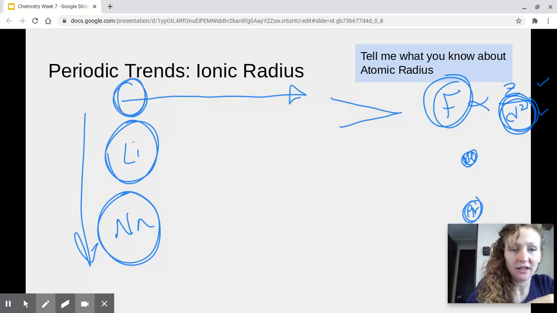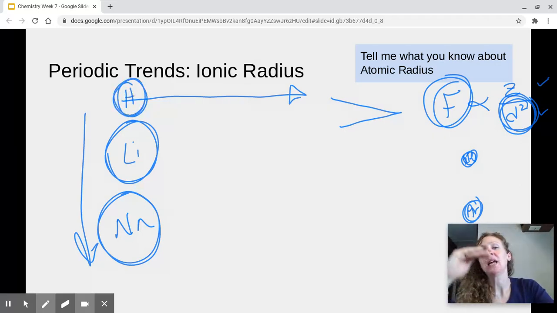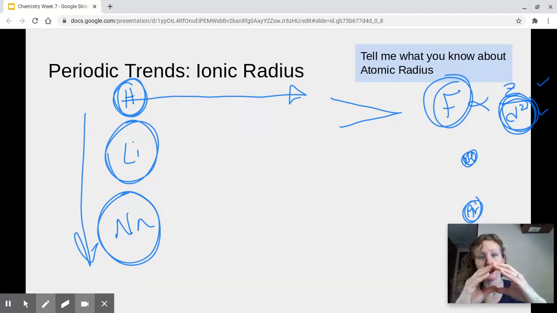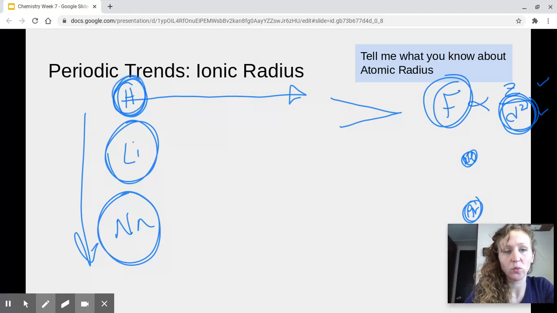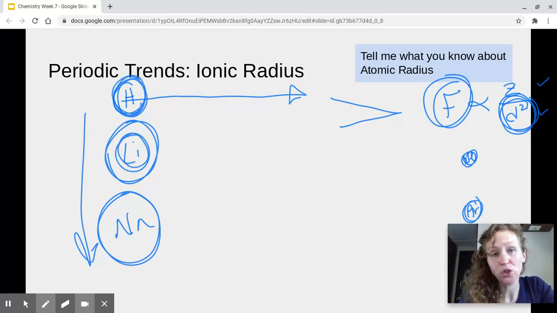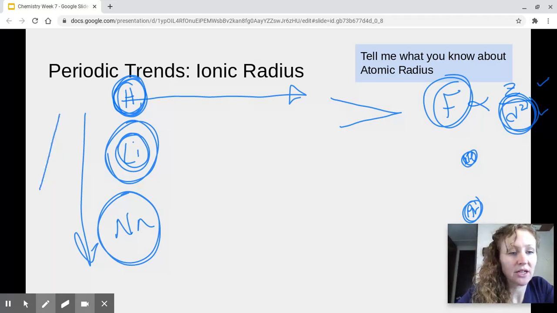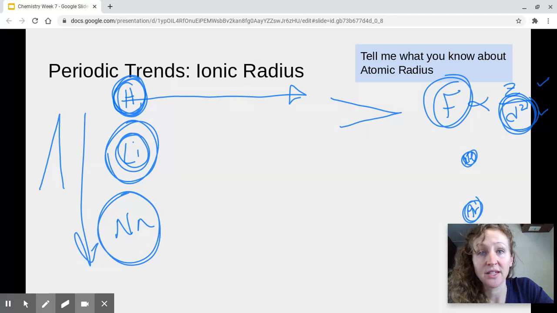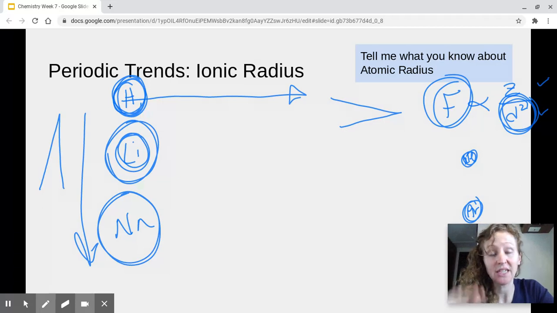Hydrogen is the smallest in its family, and as you go down the family, it's going to get bigger and bigger and bigger. Hydrogen has one energy level. Lithium has 2, and so lithium is going to be bigger than hydrogen. And so we see a trend of the atomic radius getting bigger from top to bottom in a family.